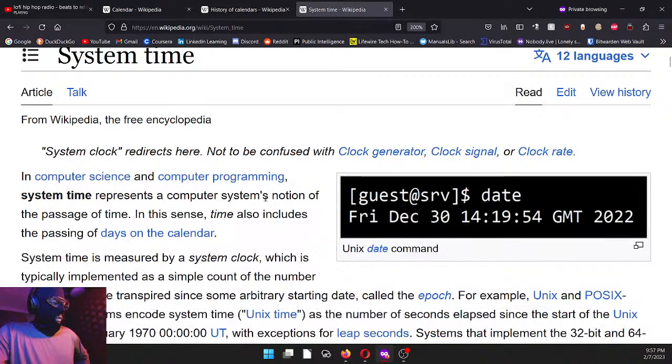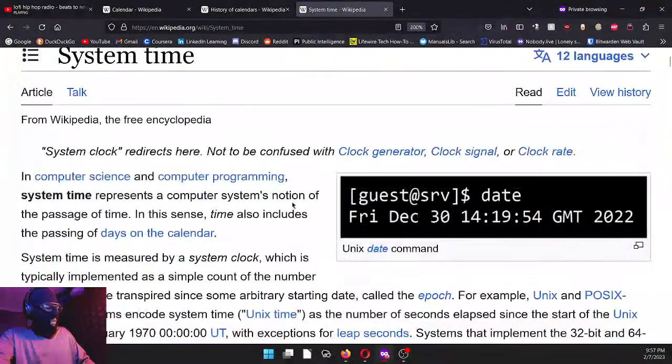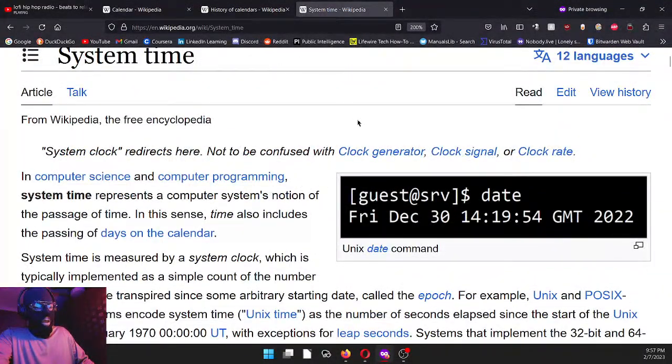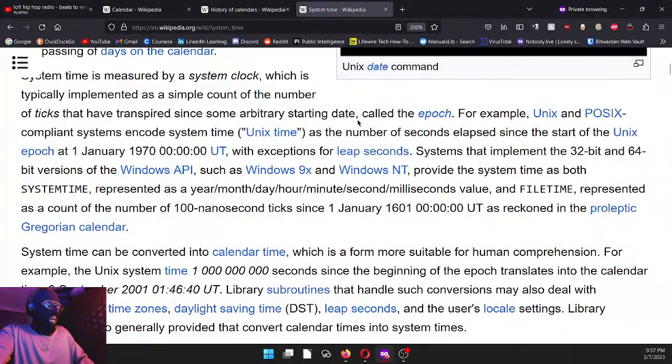Okay. System time represents the computer system's notion of the passage of time. In a sense, time also includes the passing of days on the calendar. This is the Unix date command, as an example on this wiki page, system time. It pretty much displays the time under a specific clock, but it's not a universal time.